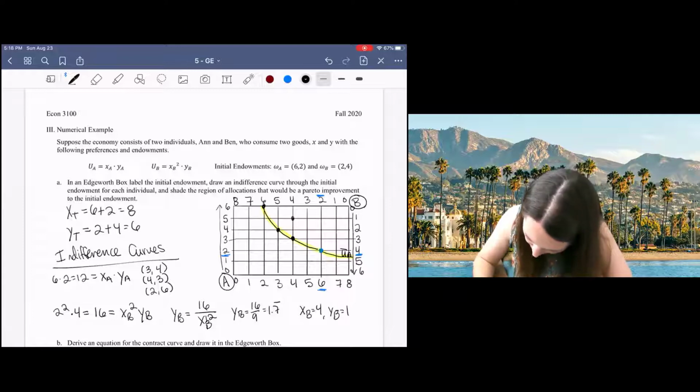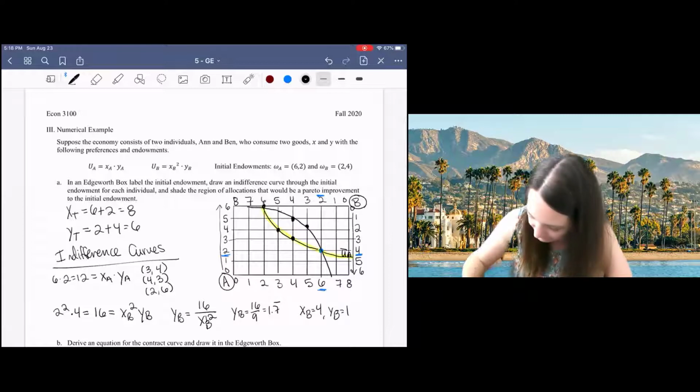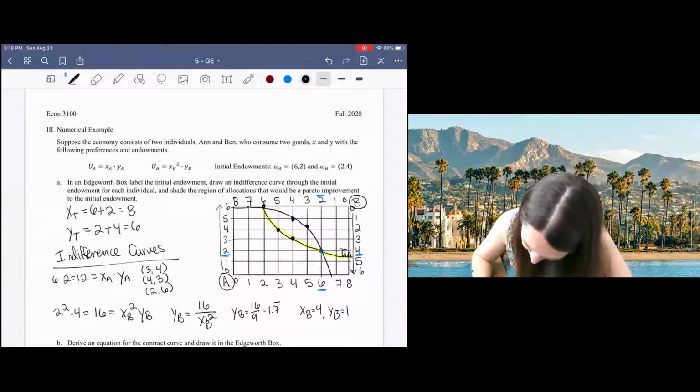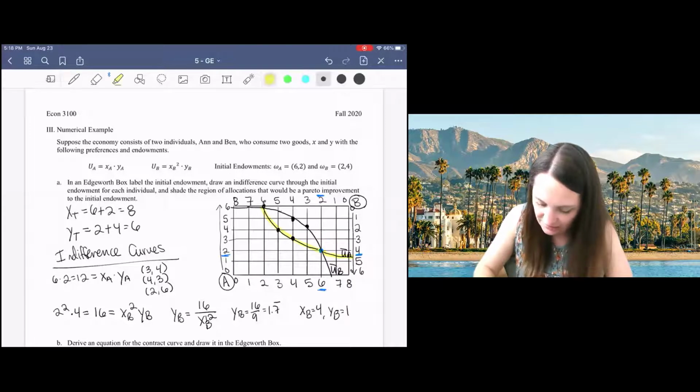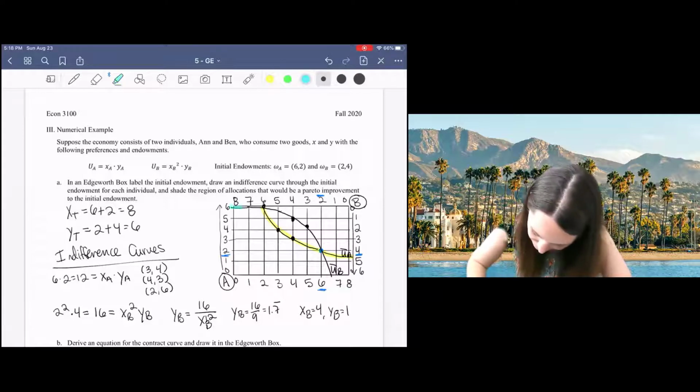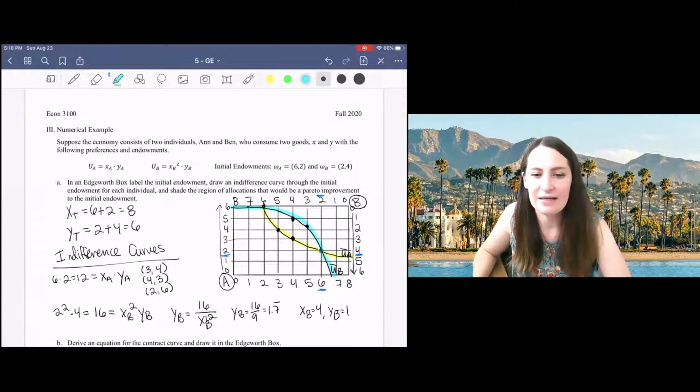So (4, 1) and (3, 1.7) are also points along Ben's indifference curve. We'll use a different color to highlight, again, just to make the graph a little easier to look at.